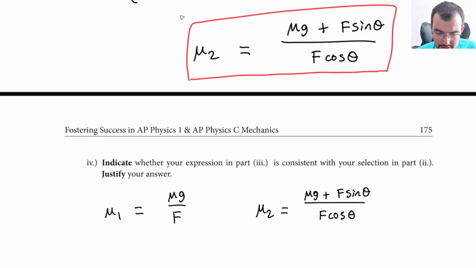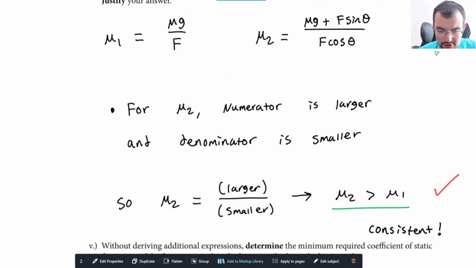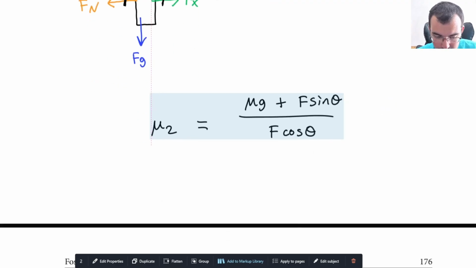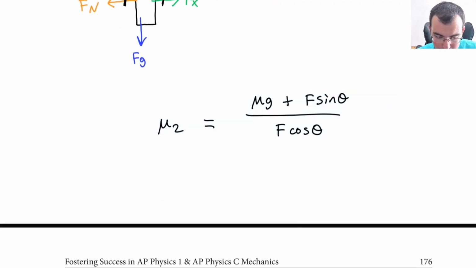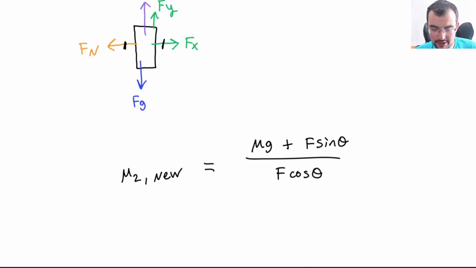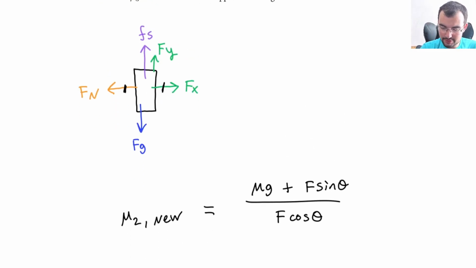So originally we had this expression. My new expression is just going to be, well, this term represented static friction, and this term represented normal force.